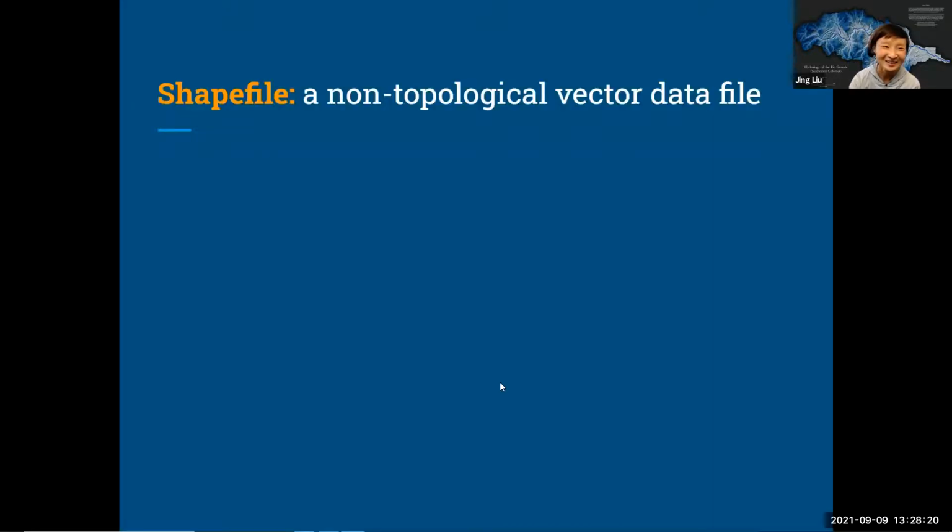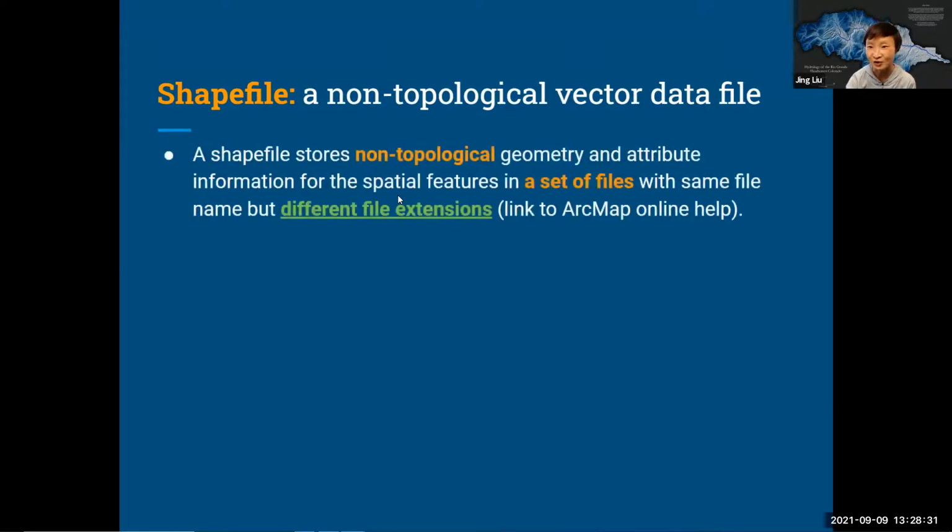Okay. So then with that, the next thing you want to know is the common data format of the vector data model. Shapefile is a very commonly used data model you can find online. Okay, so it's non-topological.